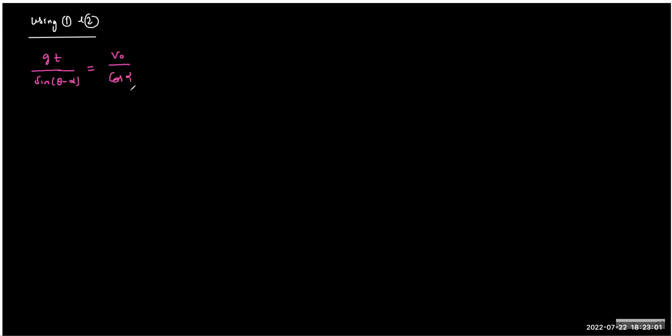I'm simplifying the sine 90 plus alpha, and this gives me the direct answer. T is how much? So here is the answer. Okay, that's the vector method of solving the same question of projectile.